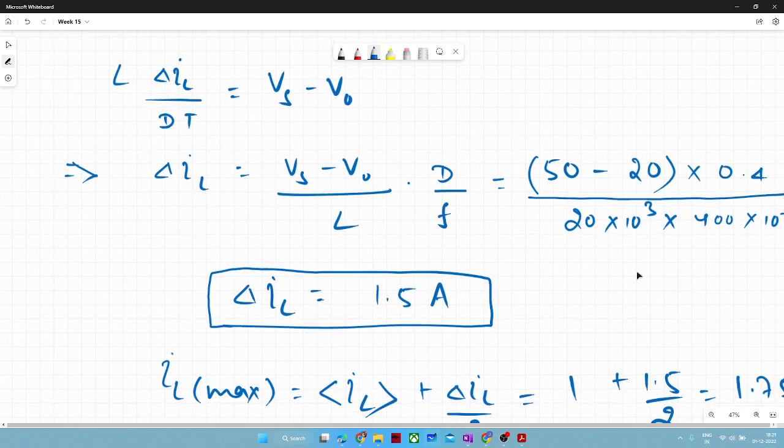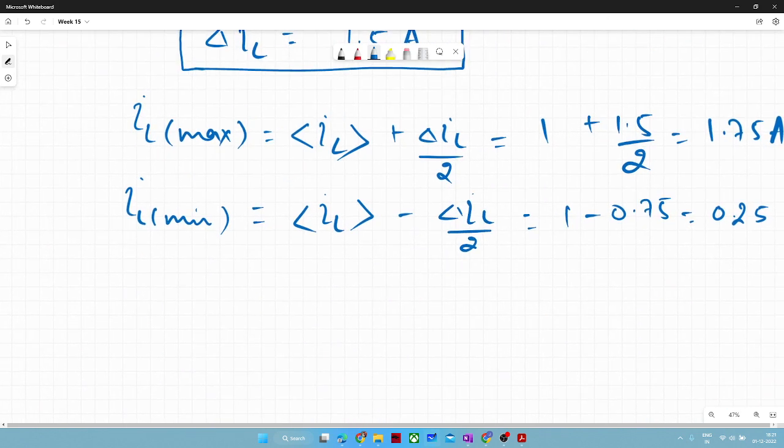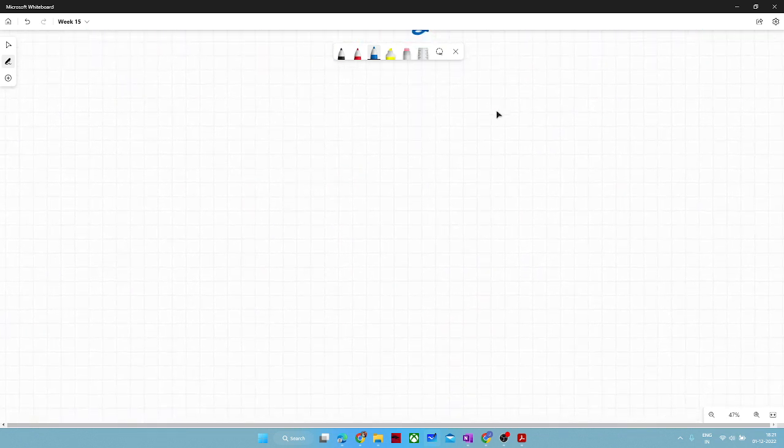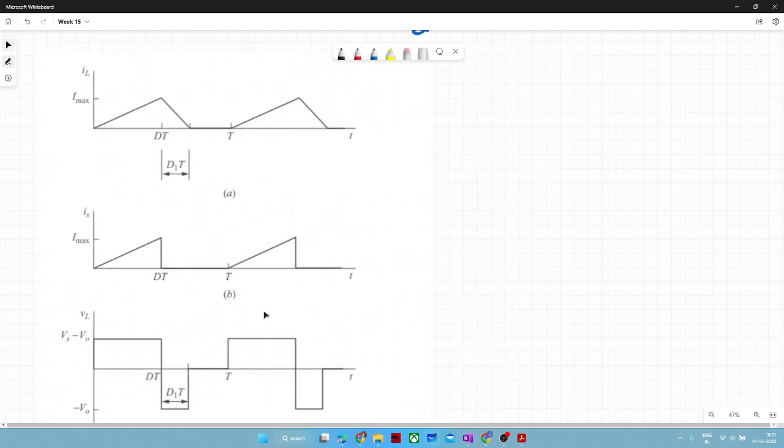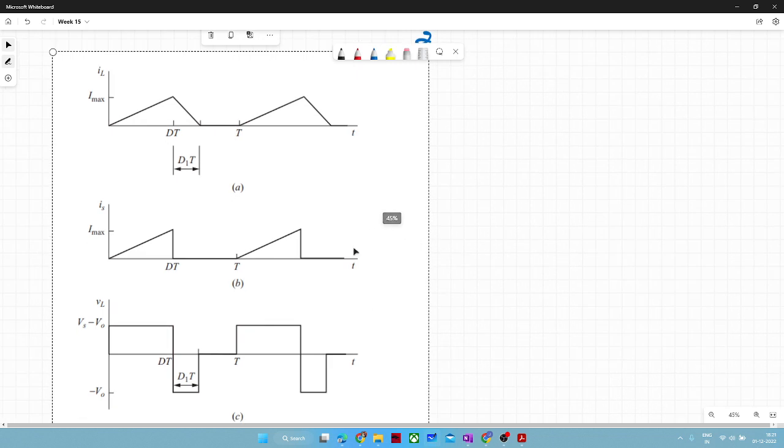Now we will see what happens in case of discontinuous mode. So again, I will take the help of a graph from the same book just to explain it. Just observe this graph and what difference you are able to see.